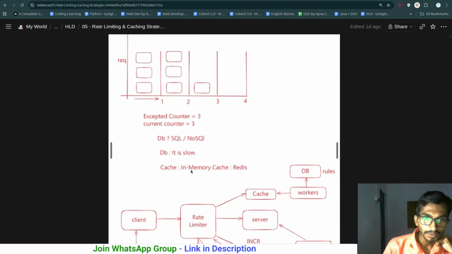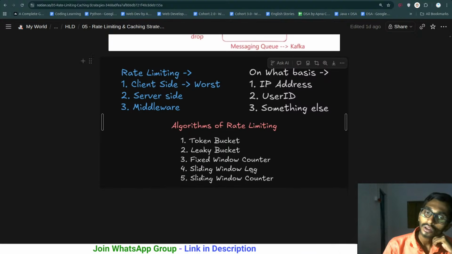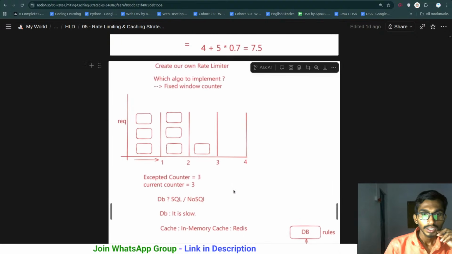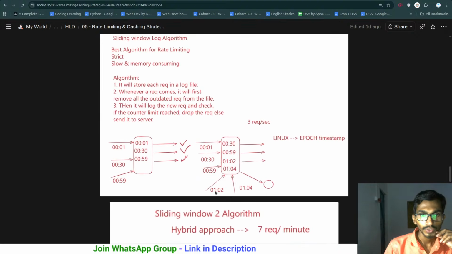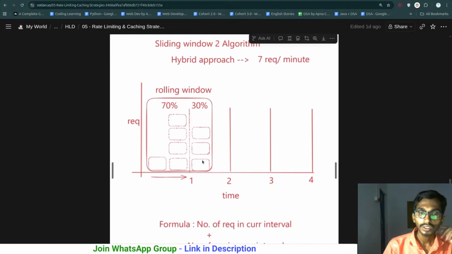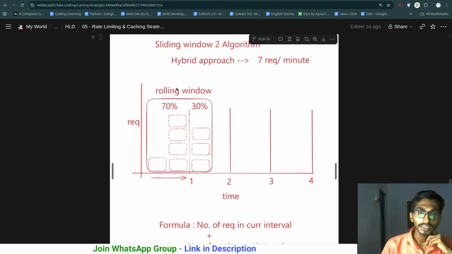But one thing I'm not sure about: in sliding window log you are actually maintaining the log, which simply means keeping the info about the request. And in sliding window counter, I think this is the one, not this one, this is the one. So here you are saying that these are the intervals.